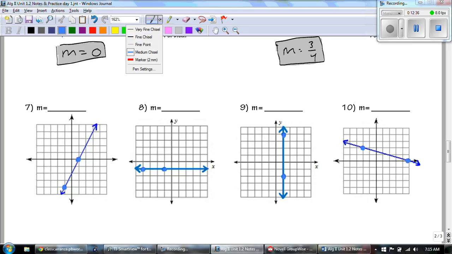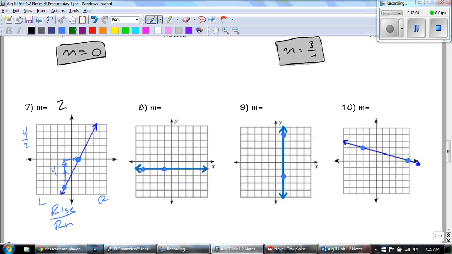Now, if you don't know if it's rising or falling, just remember, go from left to right, and if it's going up, this is going to be rise over run, okay? So counting, I have to go 1, 2, 3, 4 over 2. So 4 over 2, when that reduces, my slope is 2.